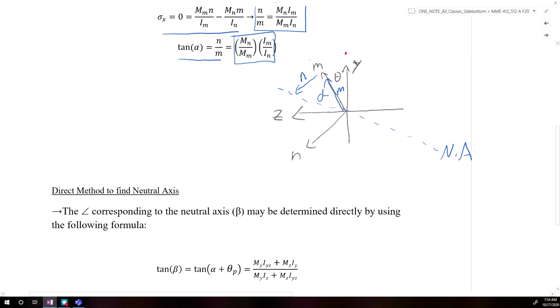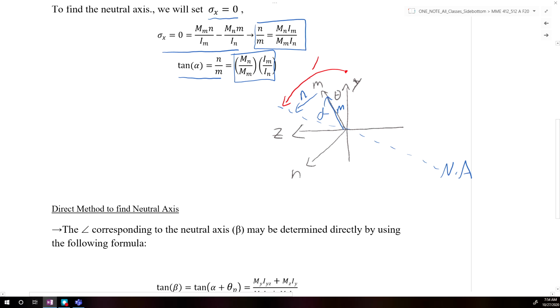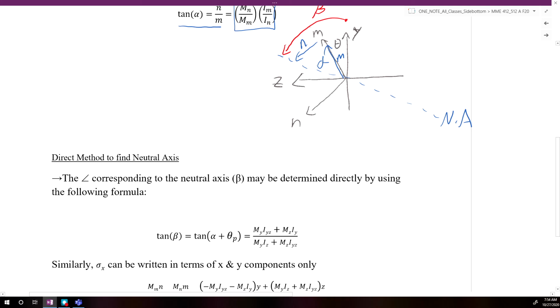That angle beta goes from the y-axis to our neutral axis. We can define that angle beta as equal to tangent of alpha plus theta p, which we can write in terms of our moments about the y and z axes using this formula.